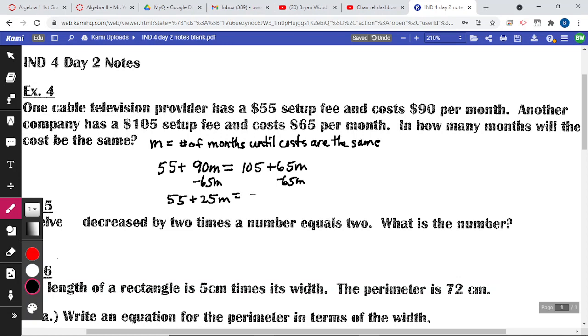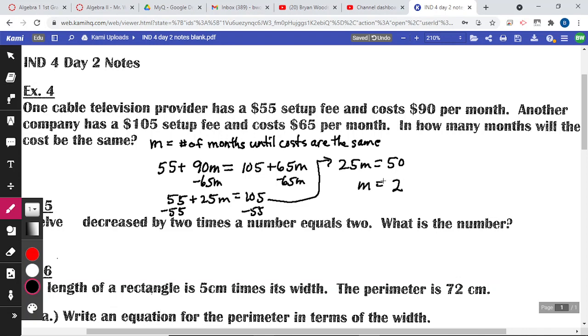On the right, it's just 105 is all that's left. We'll subtract 55 from both sides. And then that takes us to, on the left, just 25m, and on the right is 50. So now when we divide both sides by 25, we're going to get m equals 2.